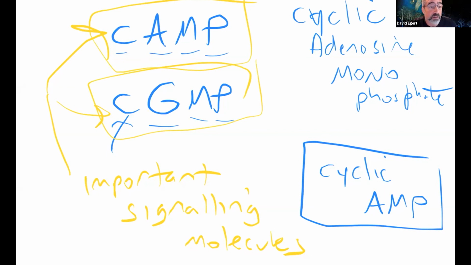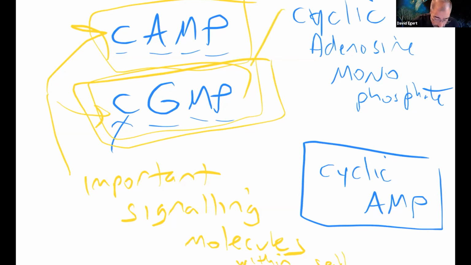These are also the targets of all sorts of drugs because these are important signaling molecules, especially within the cell. One of the more popular drugs, like Viagra, works by modulating amounts of cyclic GMP in cells that help prolong erections.